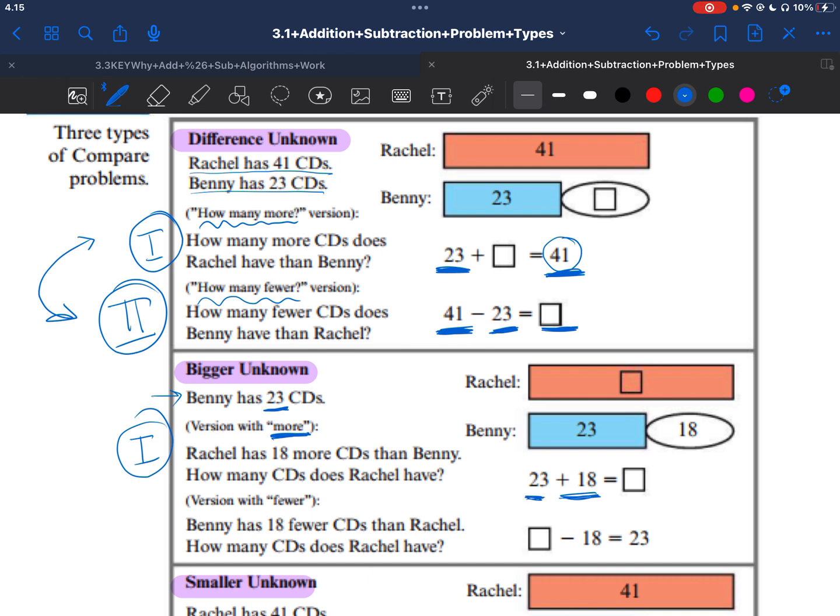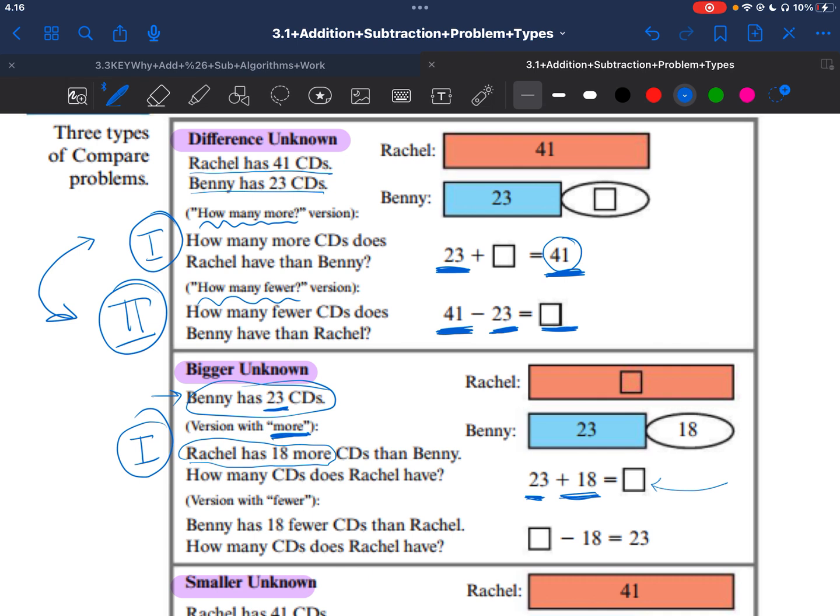How many CDs does Rachel have? We're only given Benny's total, and the information that Rachel has 18 more than Benny. So we need to add that.